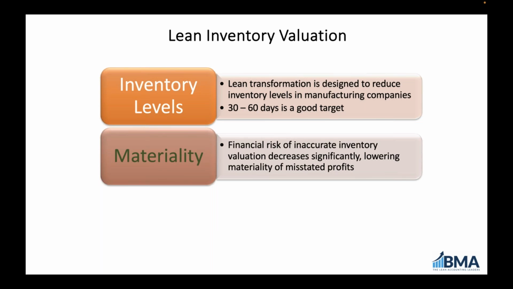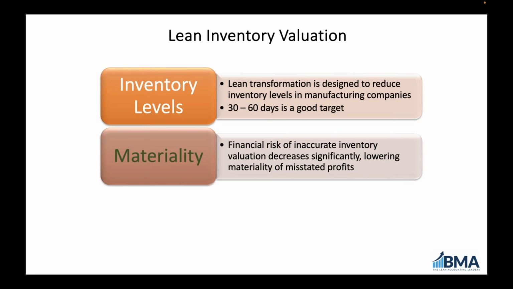Materiality. Now, this is another term in the accounting profession. Materiality simply means that if a number on the financial statements is misrepresented in some form or fashion, it will have a significant impact on those financial statements, and it could make people think certain things. If you have a lot of inventory, it's very important to value it properly.